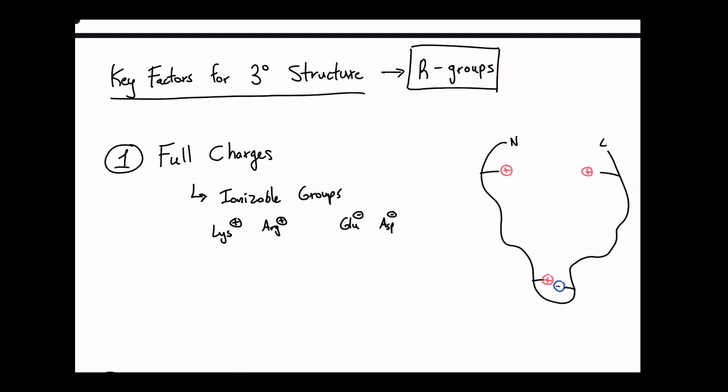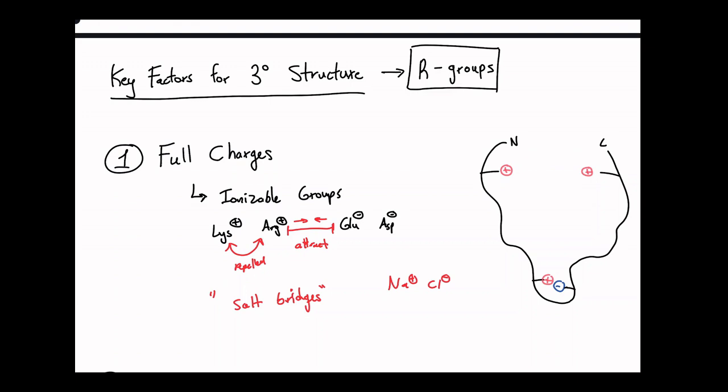Right? These charges can both attract and repel. So, for example, arginine and glutamate would be attracted to each other, while lysine and arginine would be repelled from each other. Right? Positives and negatives attract, and two positives or two negatives will repel. So here we sometimes see these linkages called salt bridges, because a salt has a positive and negative ion, like NaCl.